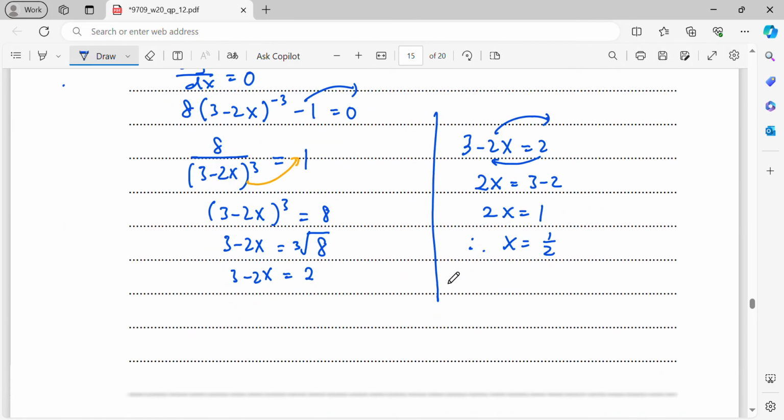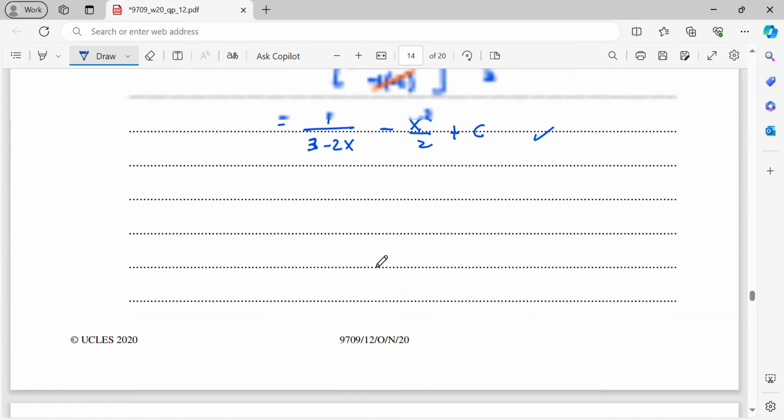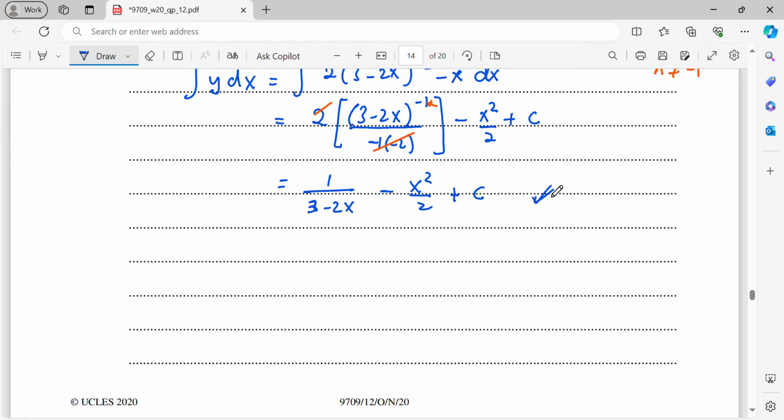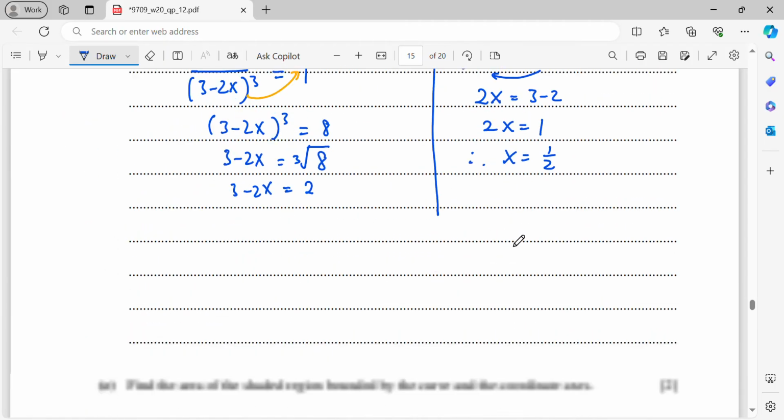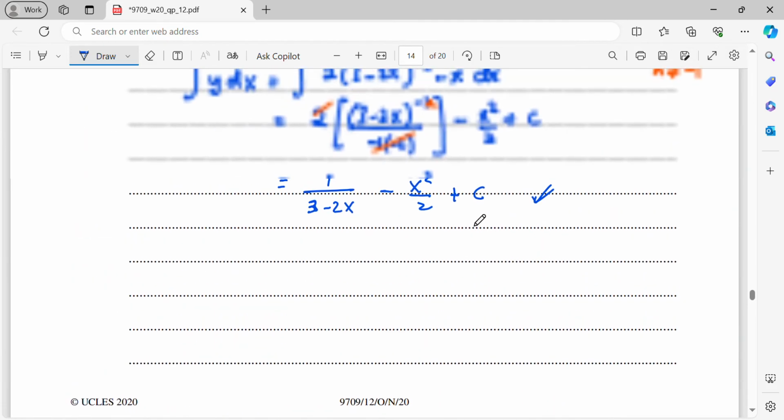Okay, so area equals the integral from 0 to half of y dx. So since we have found the integration just now, just add on the limits. I'm going to copy this and ignore the plus c. So 1 over (3 minus 2x), then minus x squared over 2.